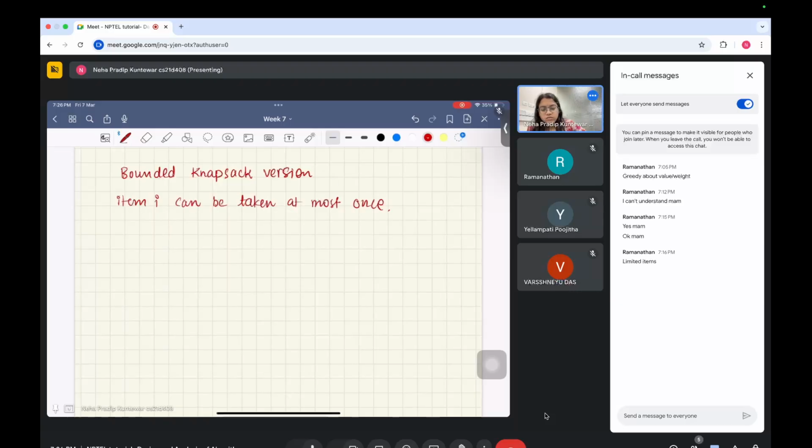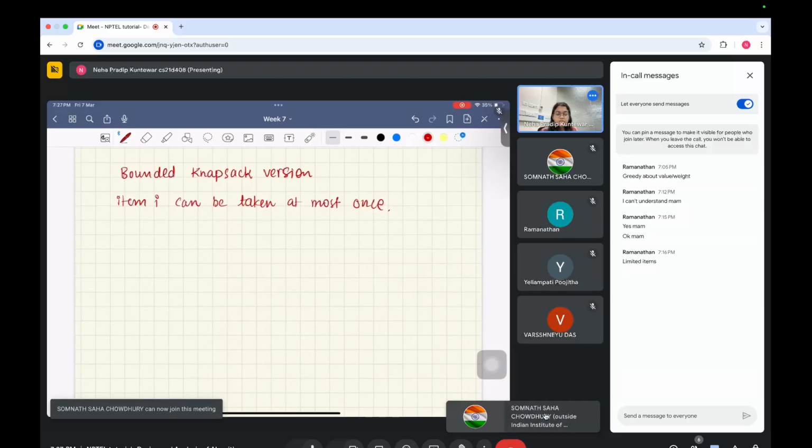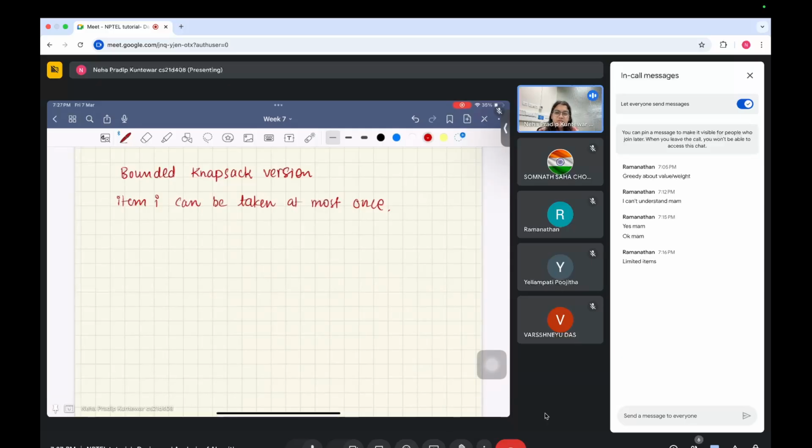How does it change? Any ideas how we can modify the previous answer?